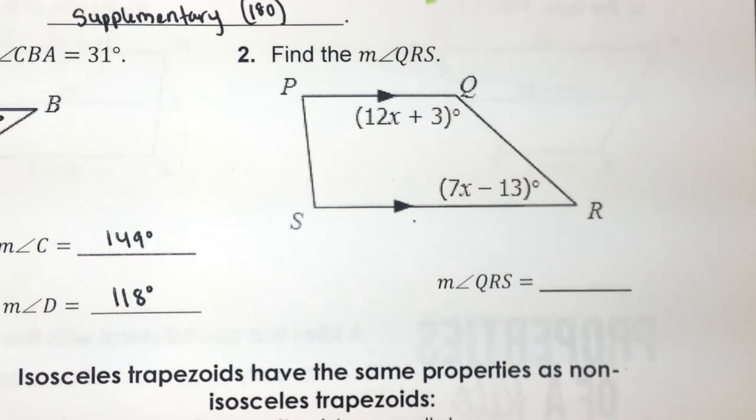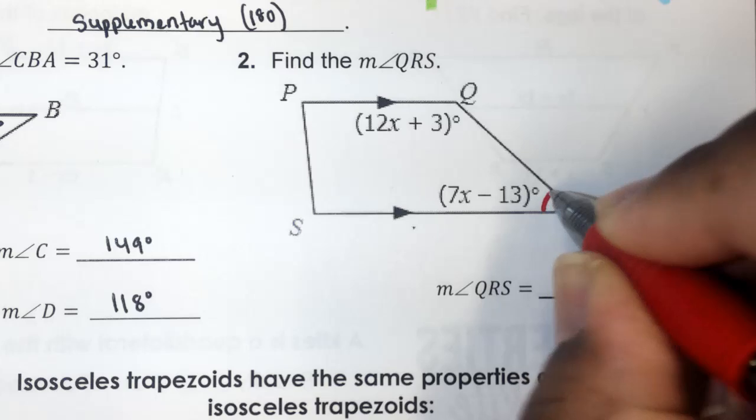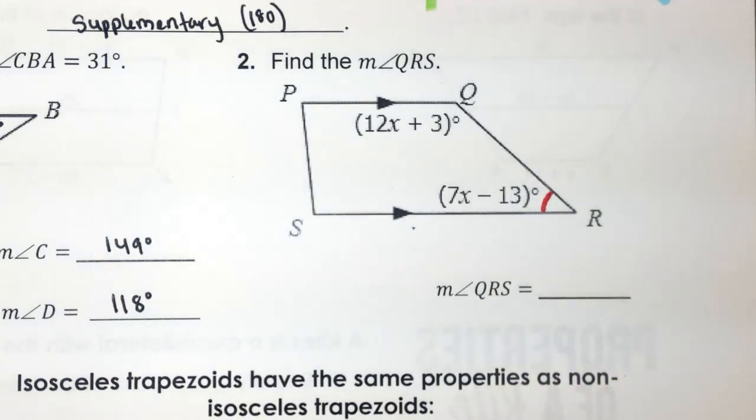Number two, find the measure of angle QRS. QRS, it's this angle right here. We need to find the measure of it. Based on what they gave me, an expression on Q and an expression on R, we need to write an equation first to solve for X. Miss Rivers, what equation would we write?